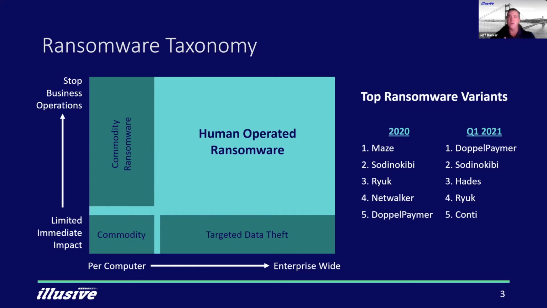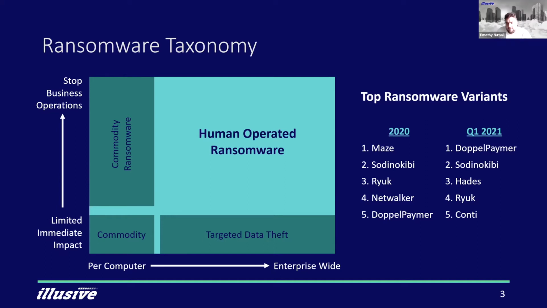That's what we're going to talk about today, the human operated part, where we saw APT techniques combined with ransomware, where there's an attacker at the wheel navigating your environment, moving laterally and performing reconnaissance in real time. That's going to be the focus of today's discussion.